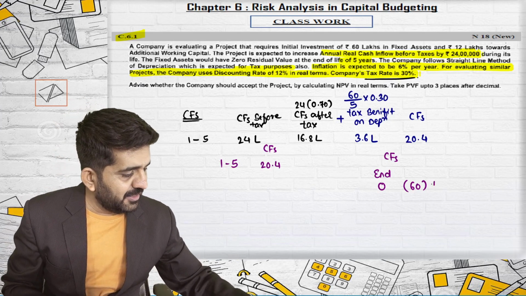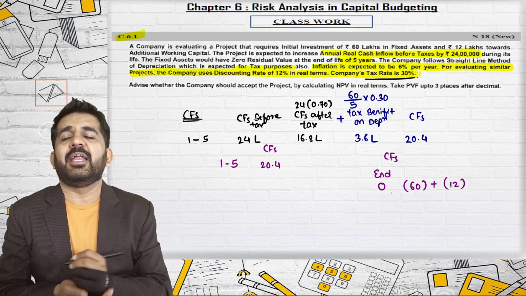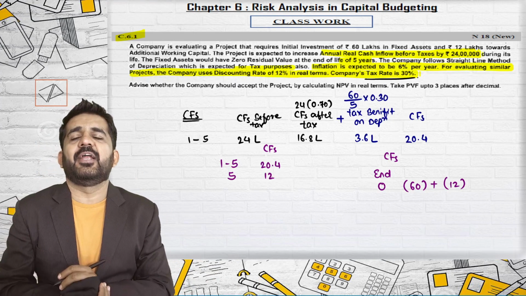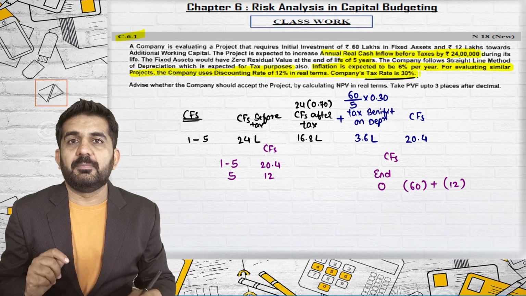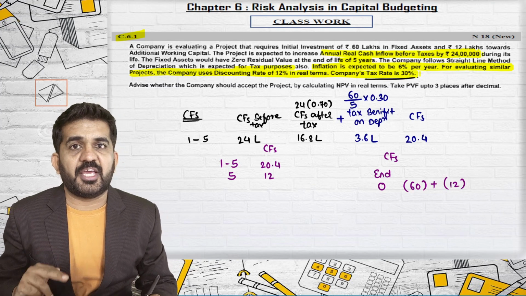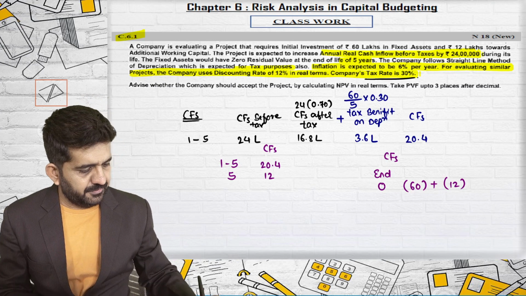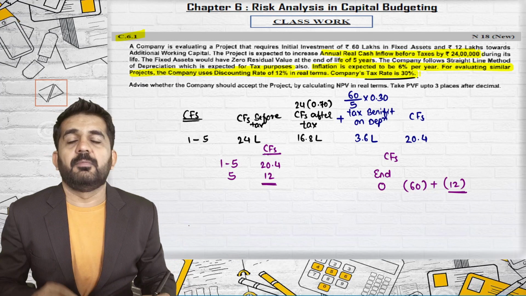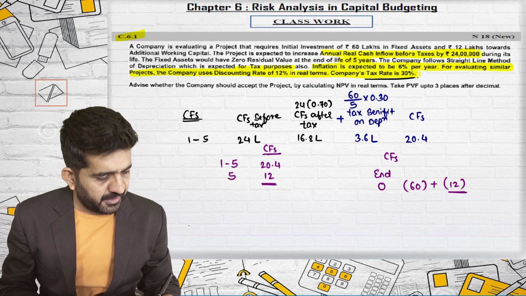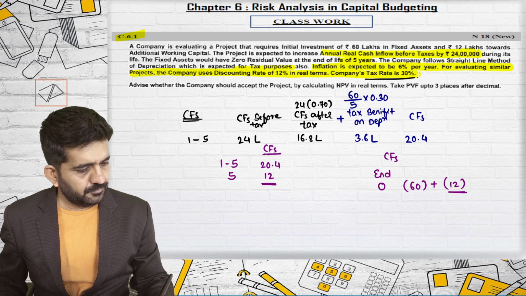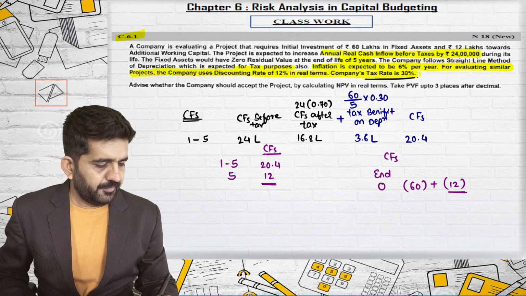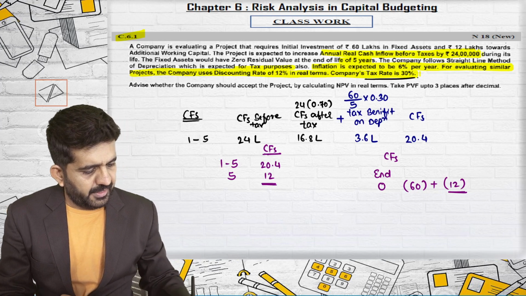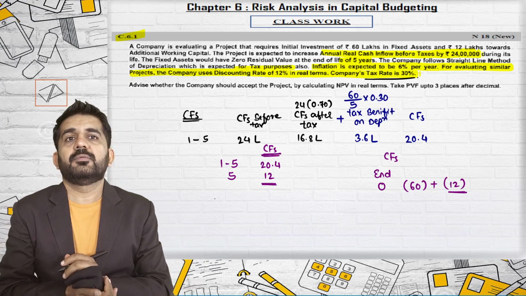Working capital is a cash outflow at the end of 0 year and a cash inflow at the end of the last year. This we have learned in capital budgeting. And those are my cash flows.